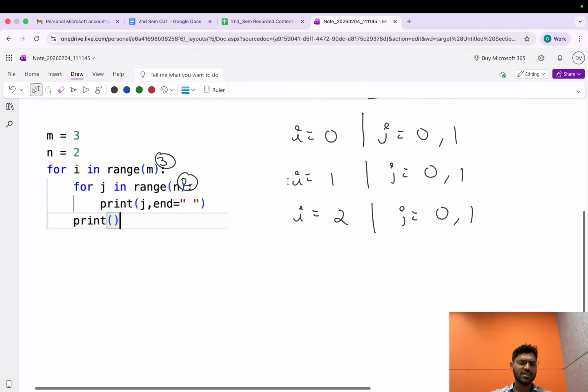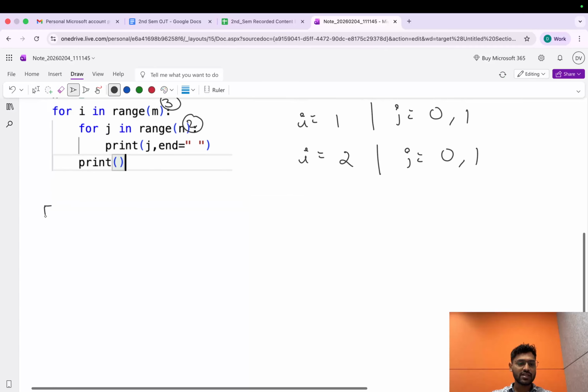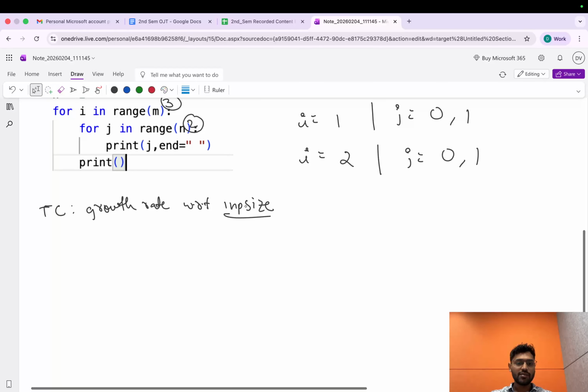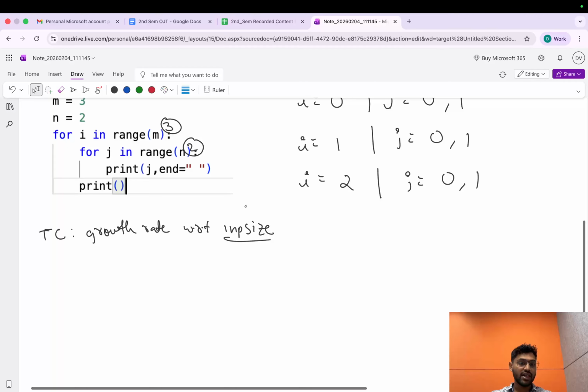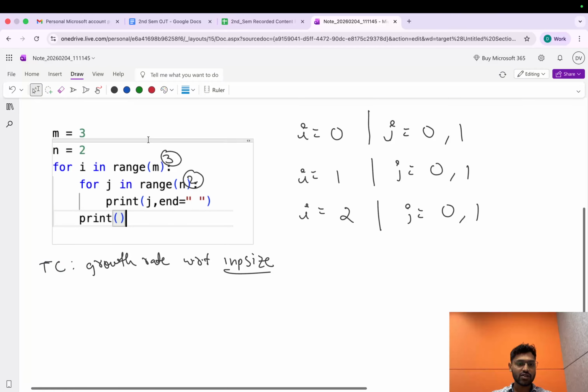Okay, that's good. So here, what is the definition? Time complexity is the growth rate with respect to input size. In the before examples, there is only one input, which is called n.